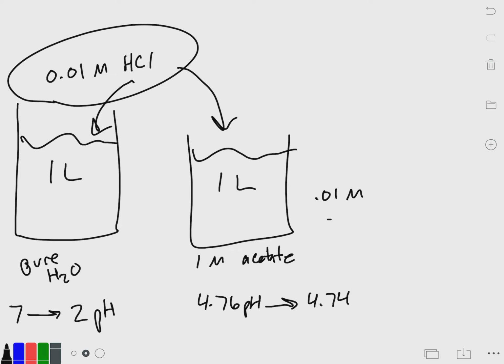If this is the concentration of the acid, then at the maximum buffer capacity, the acid portion of it and the conjugate portion are going to be in equal amounts. Both of these will be 0.005.